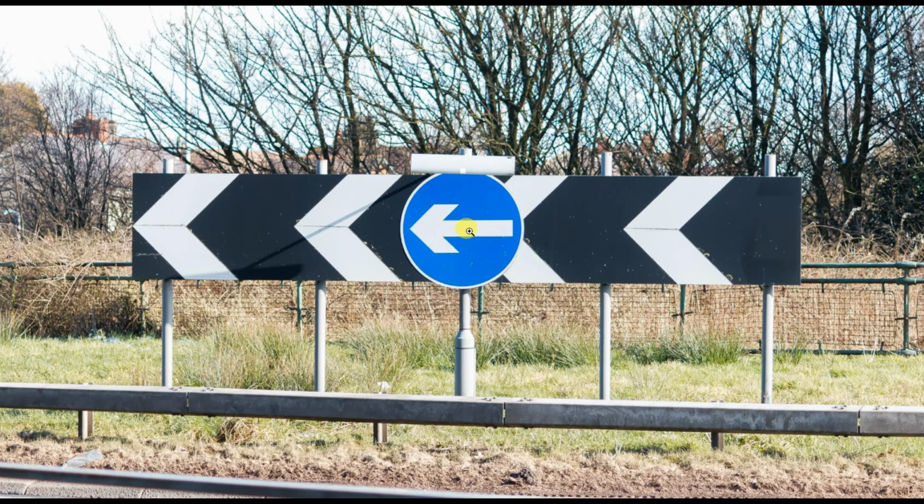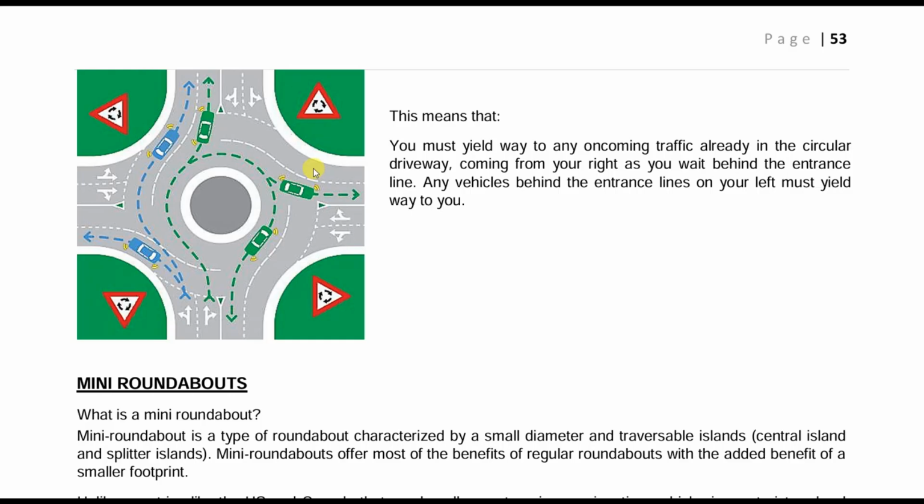All these are to inform you that once you are at the entrance, you do not turn right. You're supposed to turn left. When you're turning left to exit the roundabout, you keep left. So you turn left, you do not go right side. So I hope that is becoming a lot more clear.